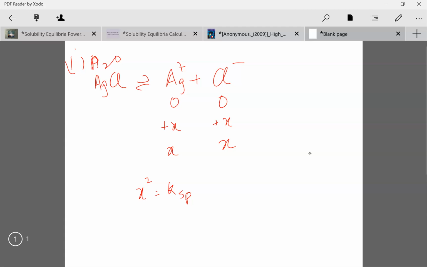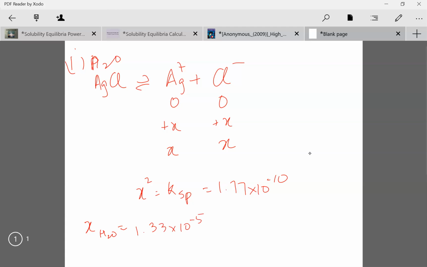So our x value equals square root of KSP, and the KSP can be obtained from the back of the textbook for silver chloride as 1.77 times 10 to the power negative 10. So part 1, x, or molar solubility in pure water, equals square root of 1.77 times 10 to the power negative 10, which is 1.33 times 10 to the power negative 5.